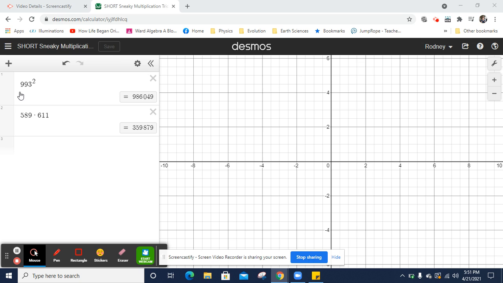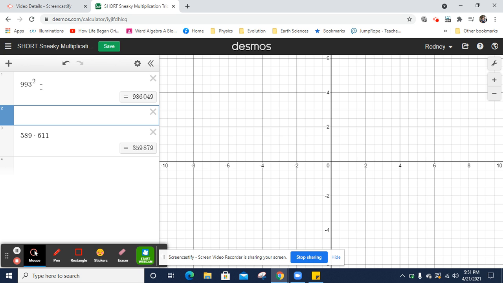So here we have 993 squared. Here I'm going to use a perfect square structure. I've got two different numbers, and I'm going to look for a way to turn these into a difference of squares structure. So the perfect square structure is going to be either a plus b or minus b.